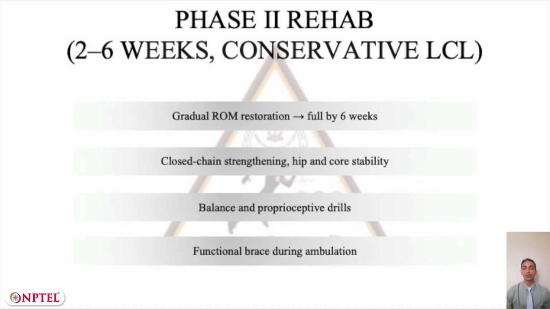The criteria to progress to the next phase include restoration of complete and pain free range of motion, muscle strength of the injured limb to be more than 75% of the contralateral or uninjured limb, no varus laxity or instability on performing functional tasks, and a balance of more than 20 seconds in single leg stance.